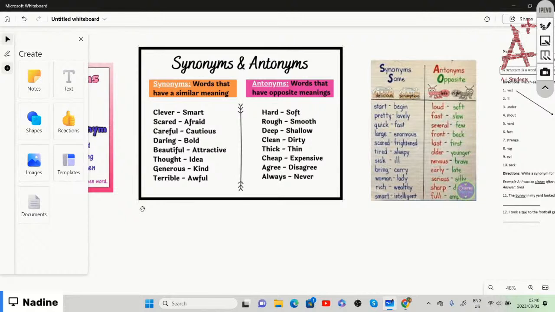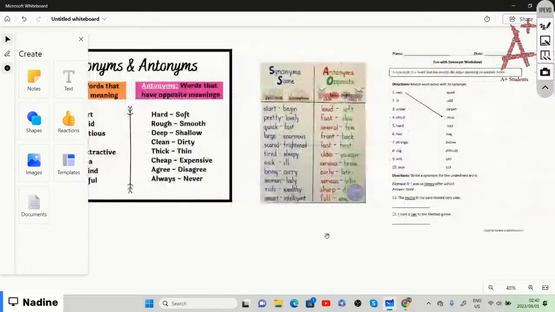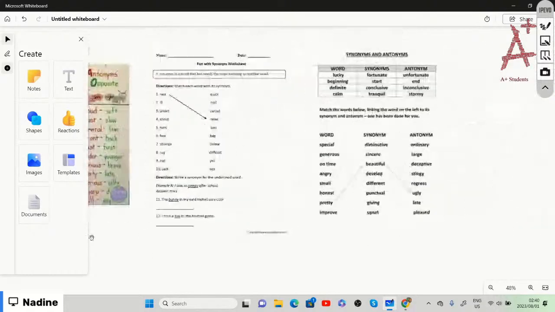Older, younger. Nervous, brave. Early, late. Serious or silly, right? So these are a few synonyms and antonyms, right?